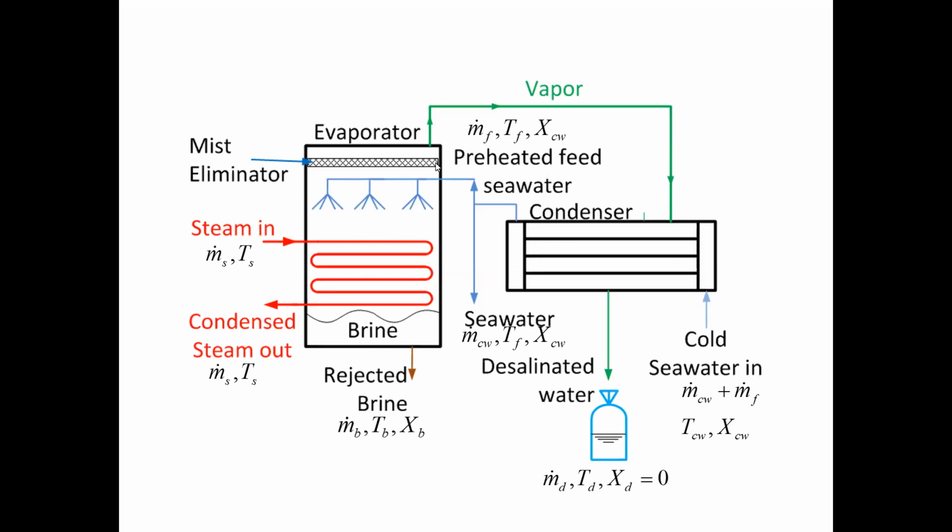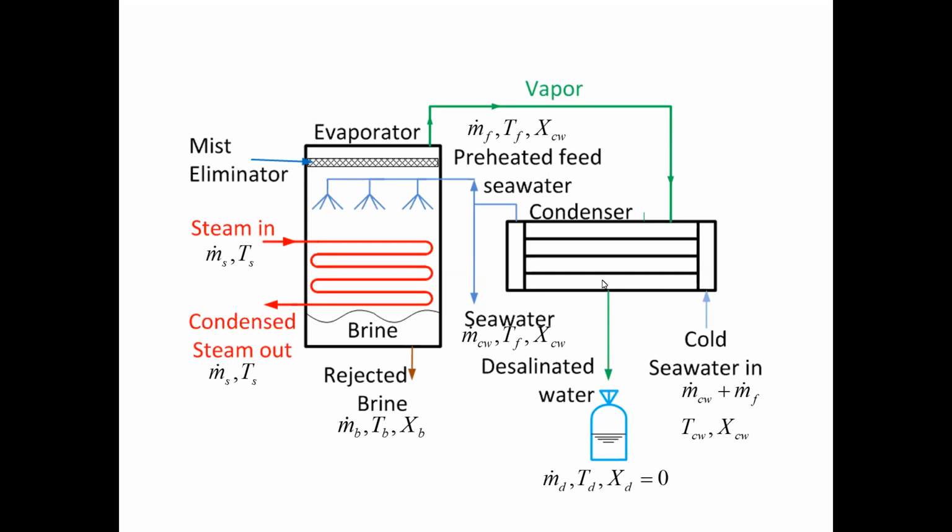Whereas the vapor will first pass by a mist eliminator to make sure that it does not have any droplets of seawater. And then it is going to leave, going to the condenser. The condenser is a shell and tube heat exchanger. The tubes inside have cold seawater, which is going to create a cold surface for the condensation to occur.